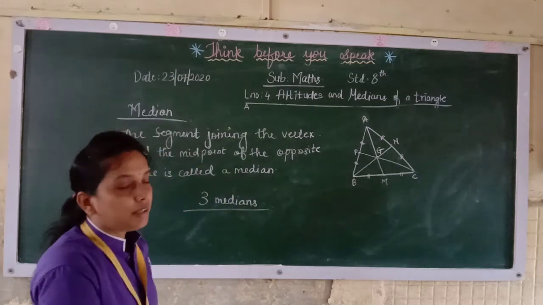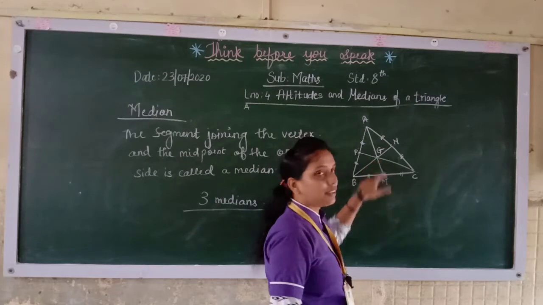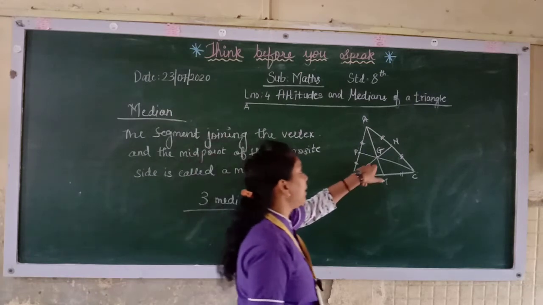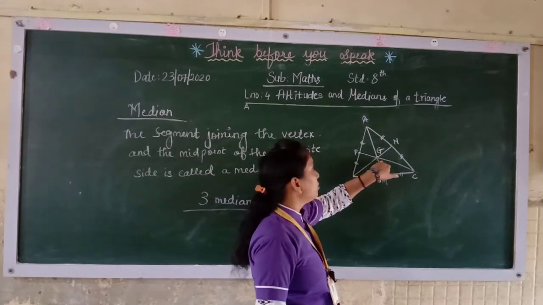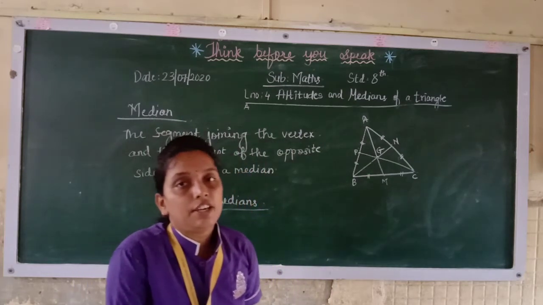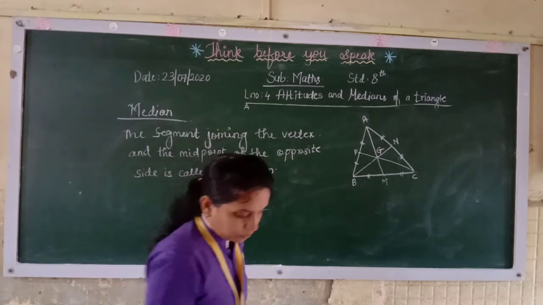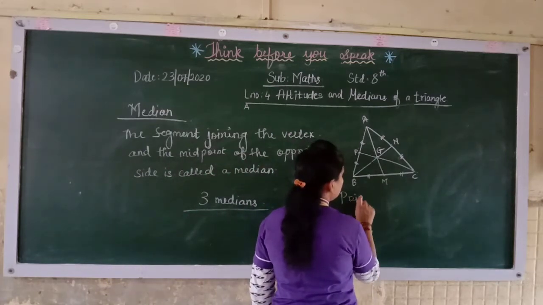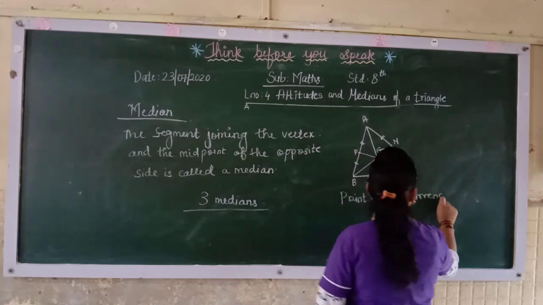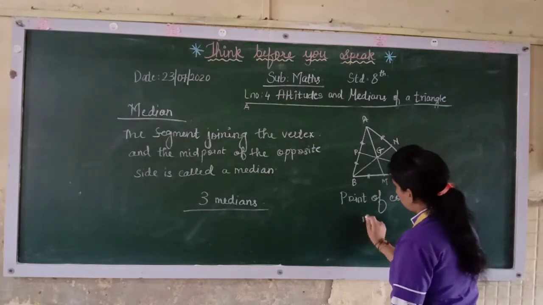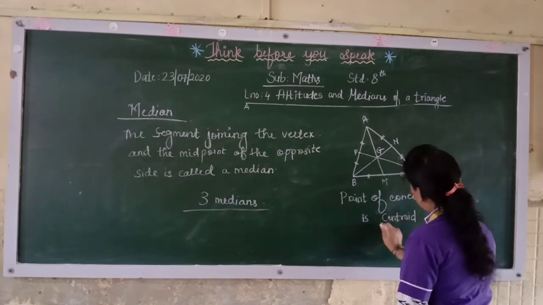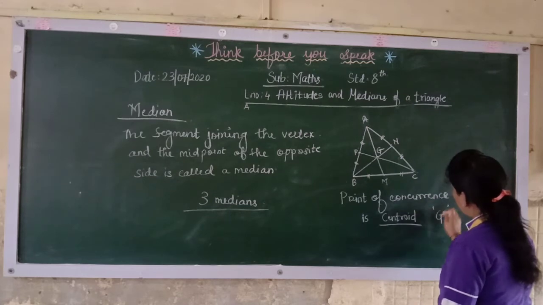Now the medians are concurrent, means they meet at a point. For medians, the point of concurrence, which is inside the triangle, is denoted by the letter G, which is known as the centroid.